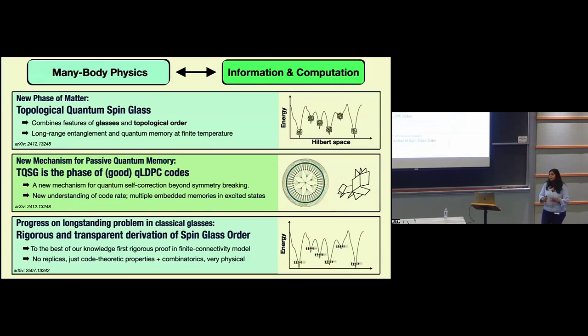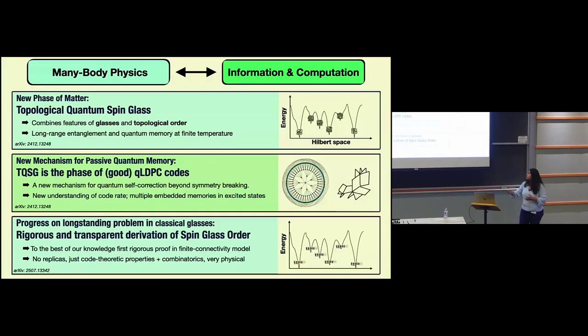And the work on this often ends up looking extremely convoluted, extremely technical. But we were actually able to use these insights from codes to make progress also on long-standing problems in classical spin glasses. And in particular, to the best of our knowledge, we furnished the first rigorous proof of spin glass order in a model with finite connectivity.